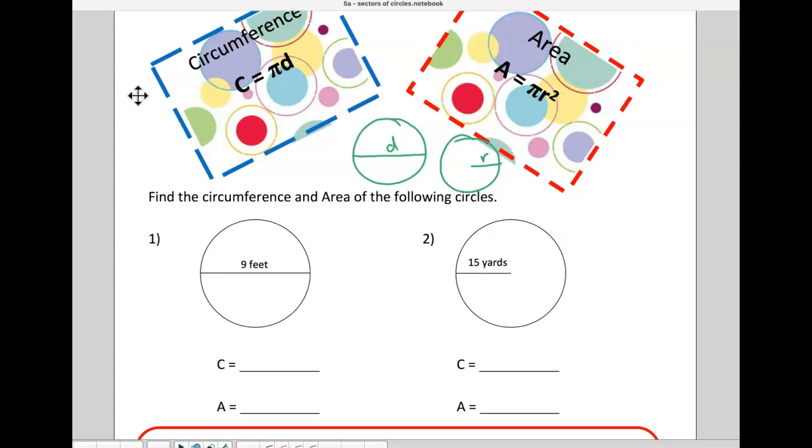If you don't have your calculator, take it out or go borrow one. Round to the nearest tenth.